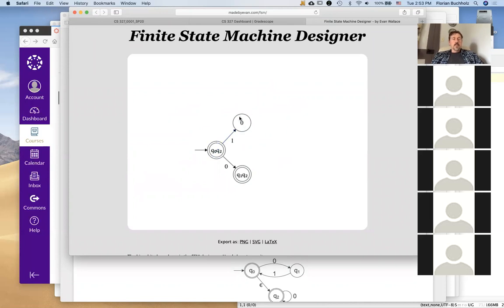And might as well do that now. Empty set state always has the self loop with all input symbols on it. So now we've done this state. We're done with the transitions from this. We're also done with the outgoing transitions for this.